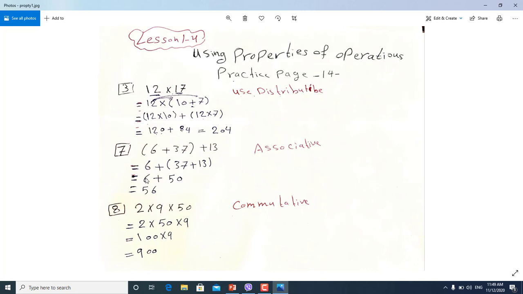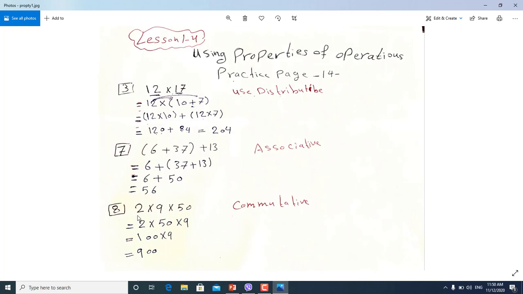After that, the 6 I bring down, and this plus I bring down. After that, 37 plus 13 I will add, it is 50. 37 plus 13, 3 plus 7 is 10, 0, 1 regroup, 1 plus 3 is 4, and we have 1, we get 50. 50 plus 6 is 56. That is the associative property.